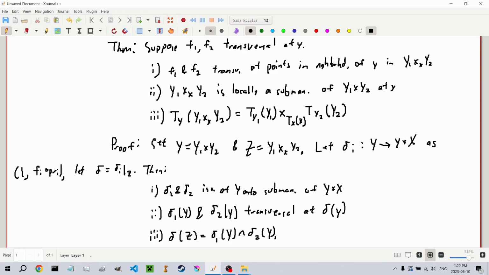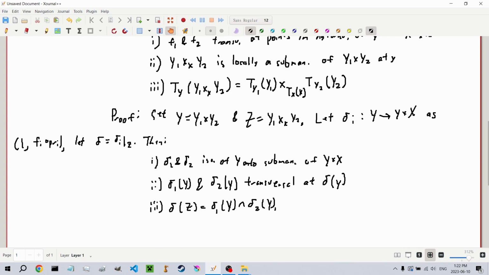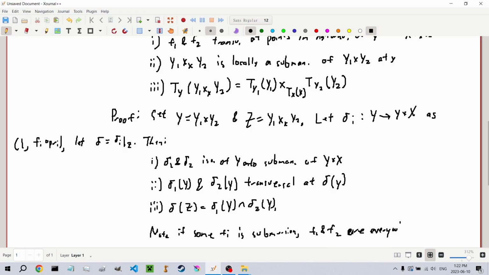I'm not going to try to work out all the finer details here. It's also worth noting if some fi is a submersion, it doesn't matter which one, f1 and f2 are everywhere transversal.